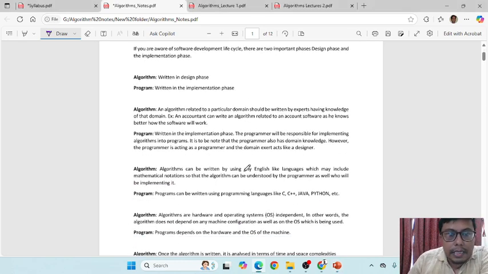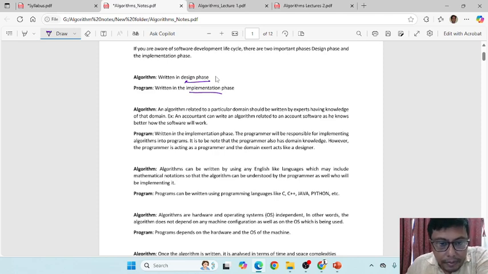So this is one difference. It is written in your design phase, and it is written in the implementation phase, or we can say this implementation phase as the coding as per the SDLC life cycle.